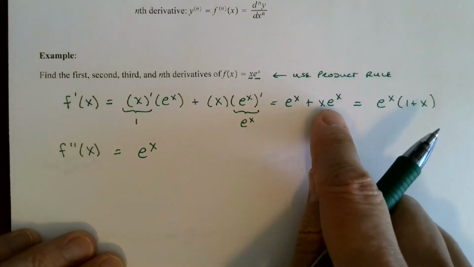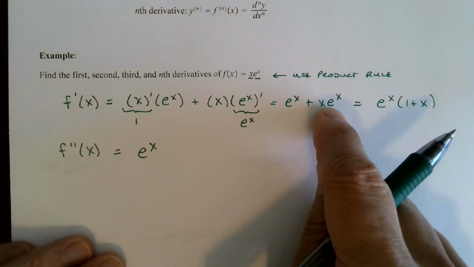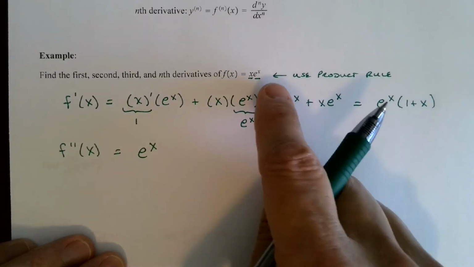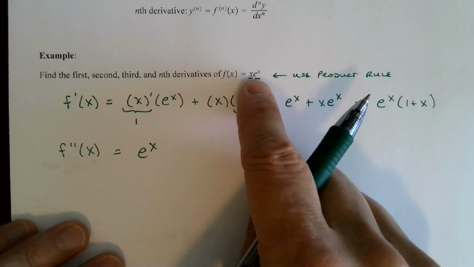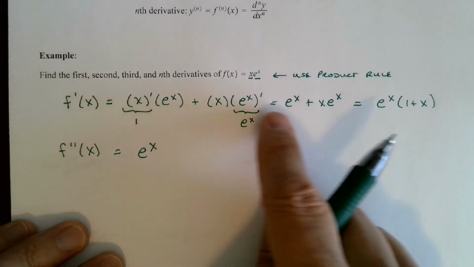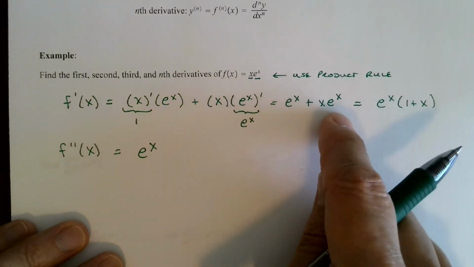And then the next one, what's the derivative of x times e to the x? That sounds familiar. Didn't we just find the derivative of x times e to the x? Yeah. What is the derivative of x times e to the x? Well, e to the x plus x e to the x.